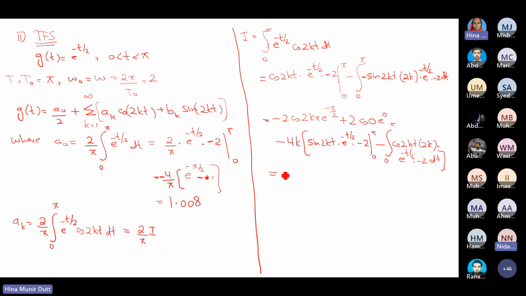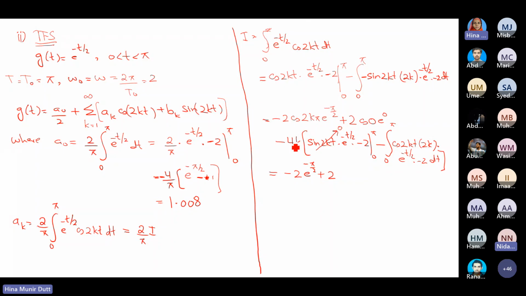Now this is minus 2. This function cos of 2k pi is always equal to 1, minus 2 e to the power minus pi by 2, and this is plus 2. When I substitute pi over here, I will get sine 2k pi, which is 0, and when I put 0 here, I will get sine 0, which is 0. So in this case, this becomes 0.